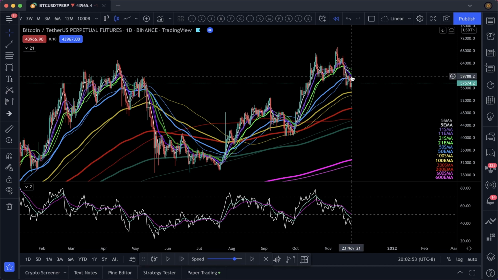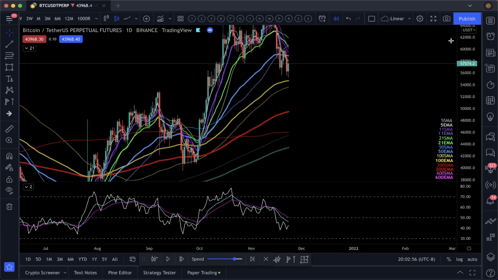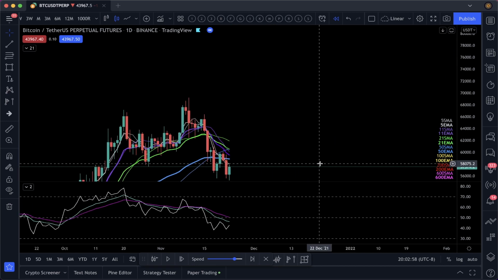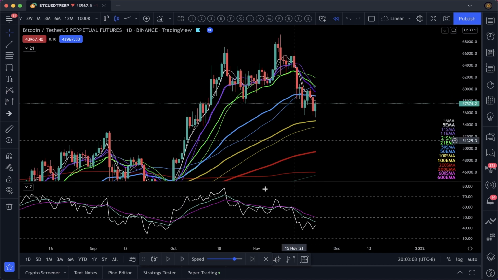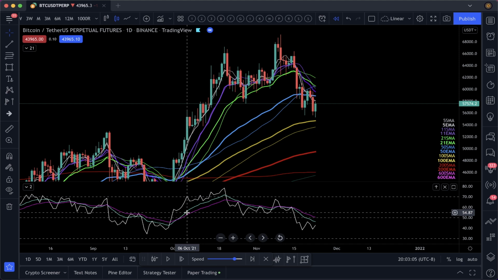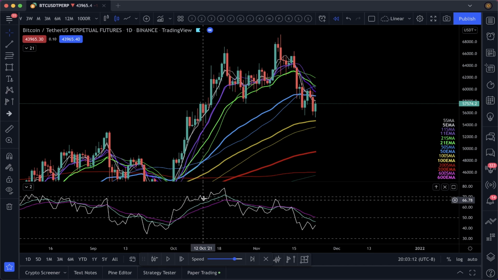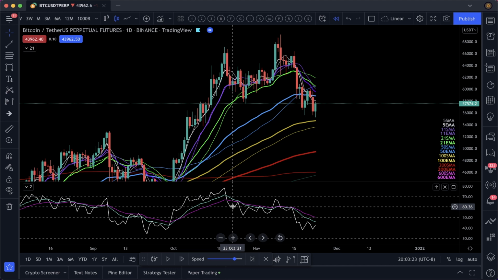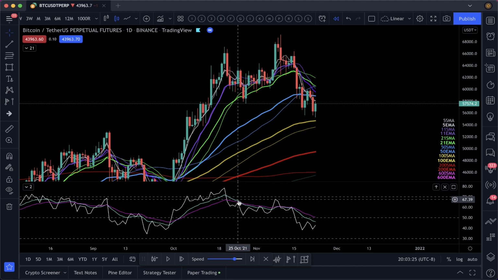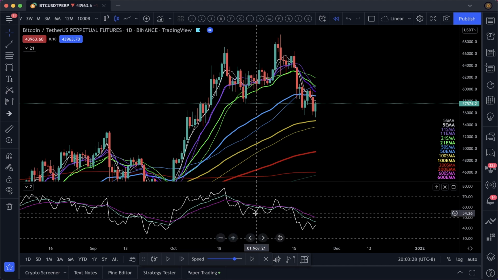Your 21. Zoom in a bit here. Also, guys, another thing to keep in mind here is your EMAs for your RSI. When the green is above the pink here, that's bullish. Once your RSI crosses below the EMAs, that's bearish, okay, guys?